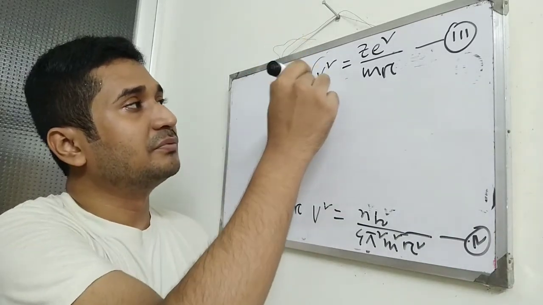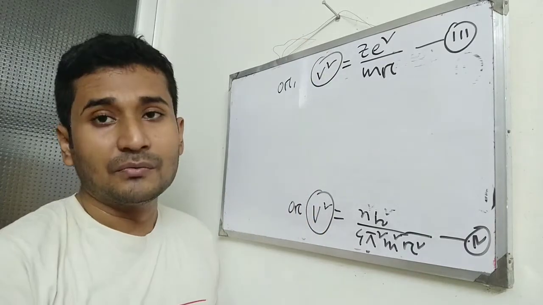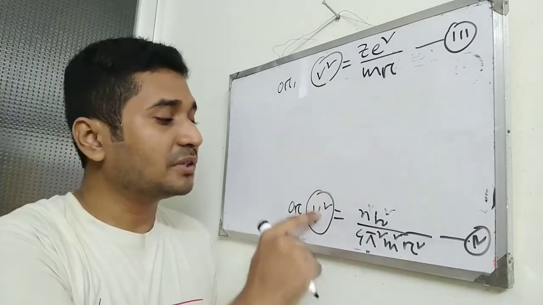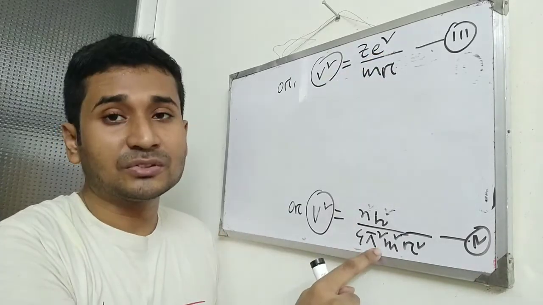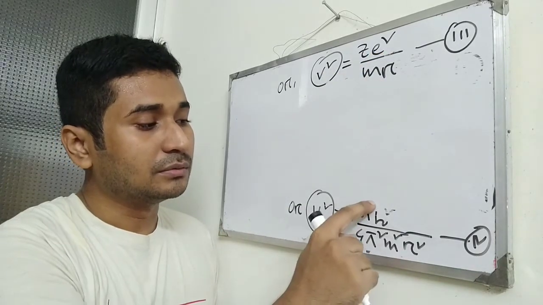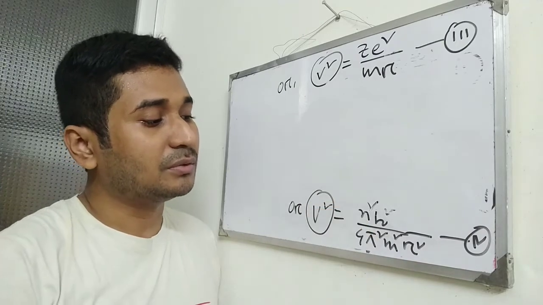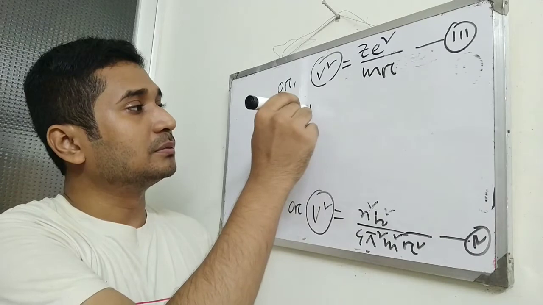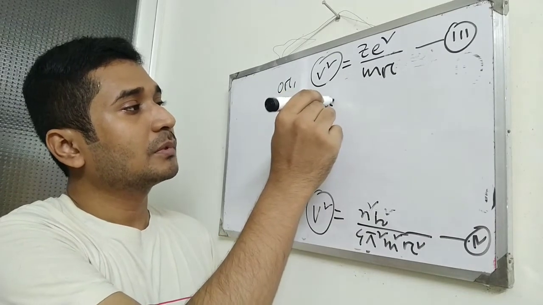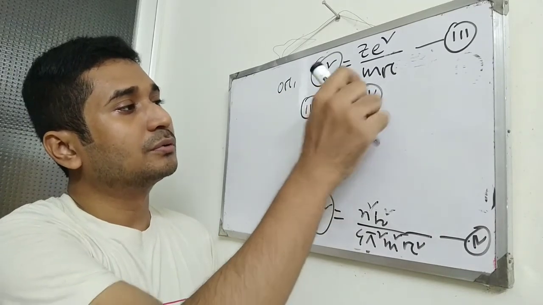On the left hand side there is v square and here is also v square. Since v square is equal to v square, that's why this right side will also be equal to n square h square by 4 pi square m square r square. Okay, so we can compare number 3 and number 4.